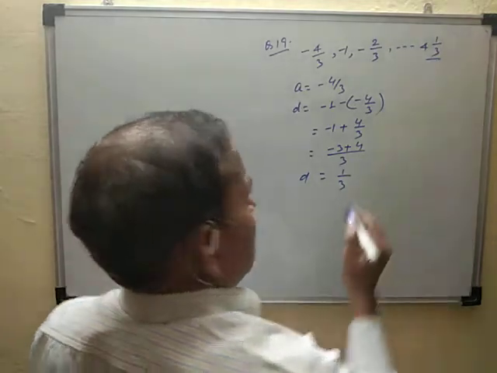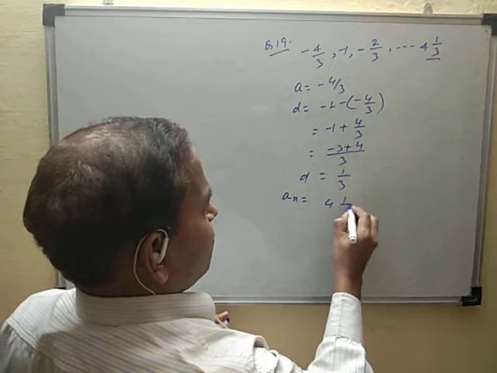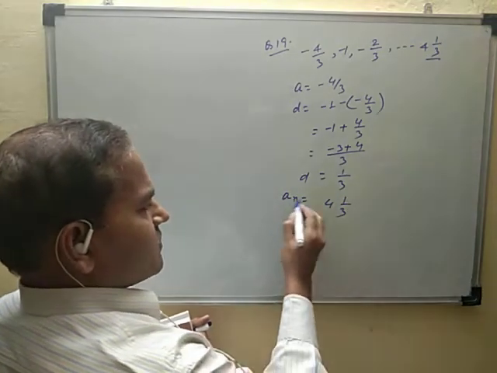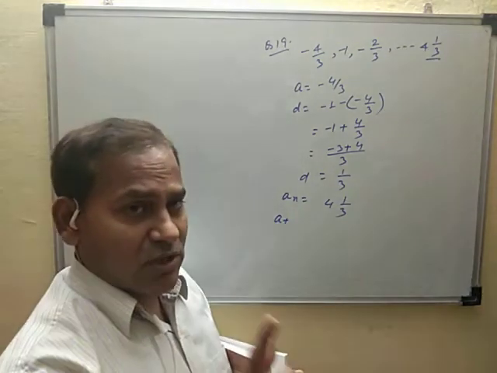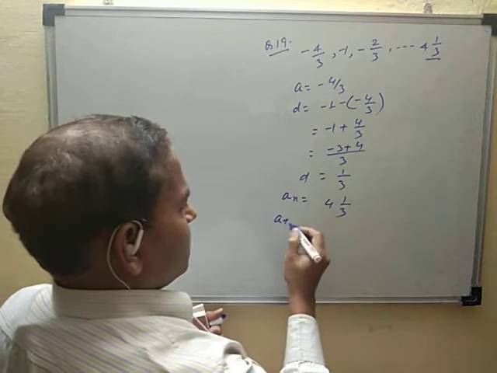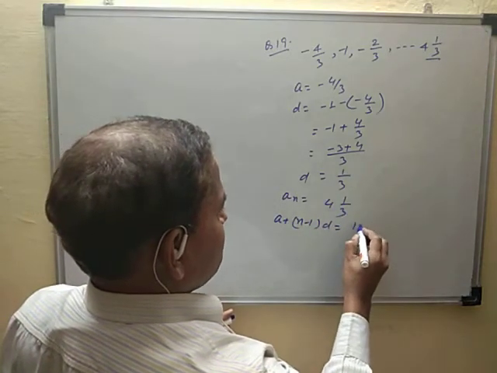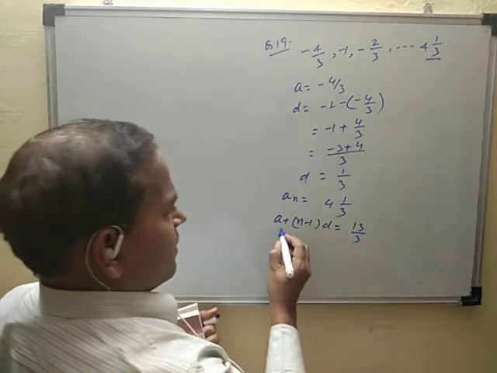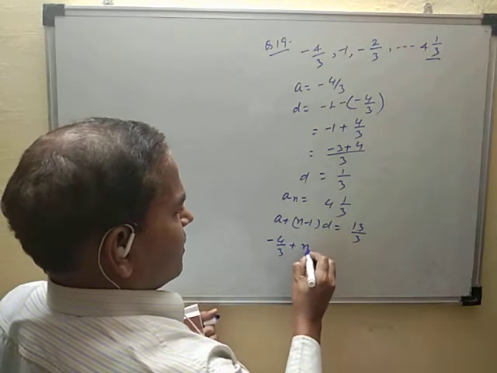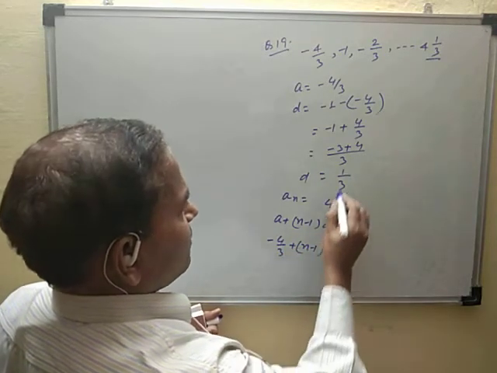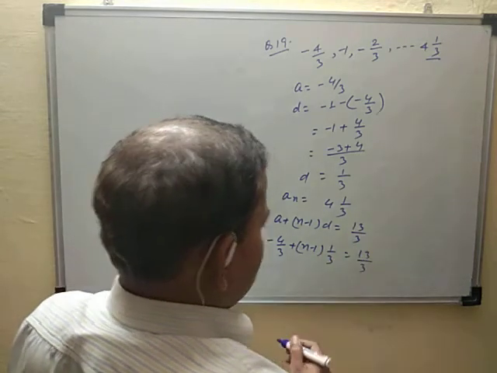And this one is the last term. So here the last term is what? 4 whole 1 by 3. Use the formula. Now find n, that is, first find the total number of terms. So the nth term is A plus (n minus 1) into D. 4 3s are 12 plus 1, 13/3. Put value A is equal to minus 4/3, (n minus 1) into D. What is D? 1/3 is equal to 13/3.